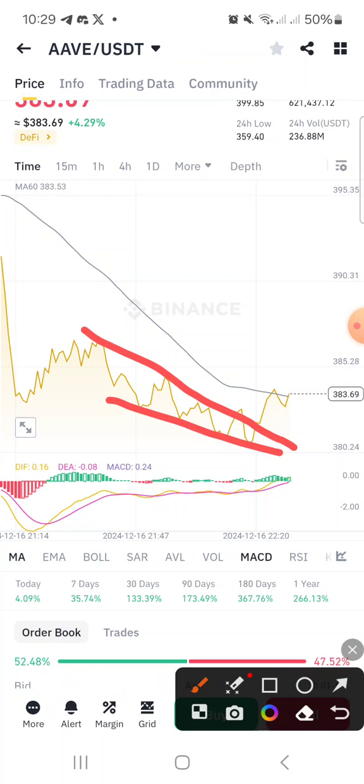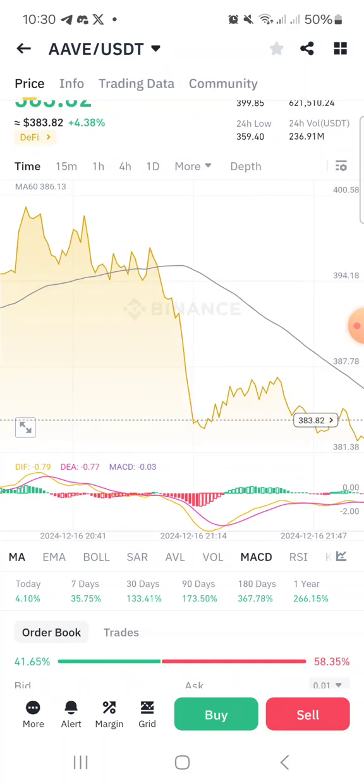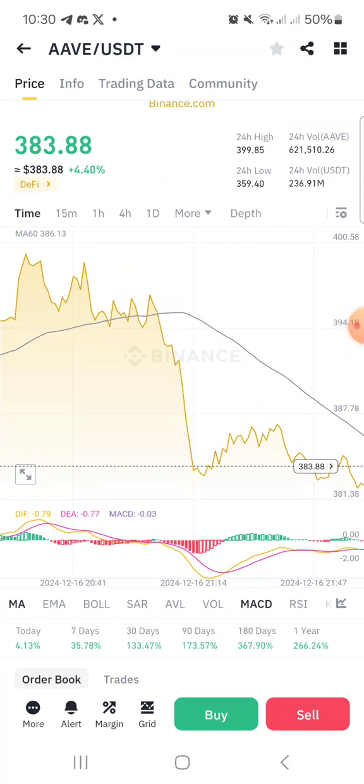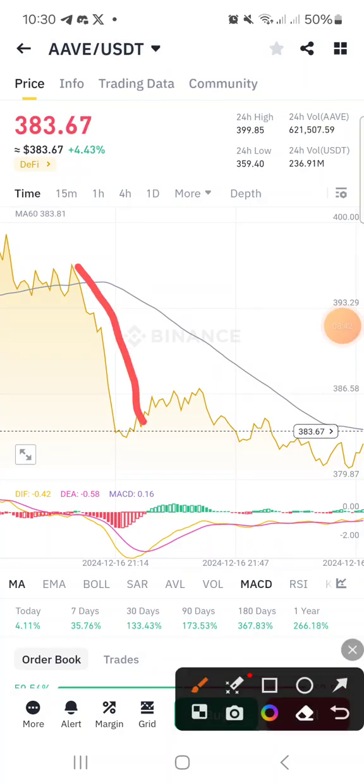When they are like this, it's also convenient to see your support and your resistance. This was a downtrend, a very, very sharp downtrend.